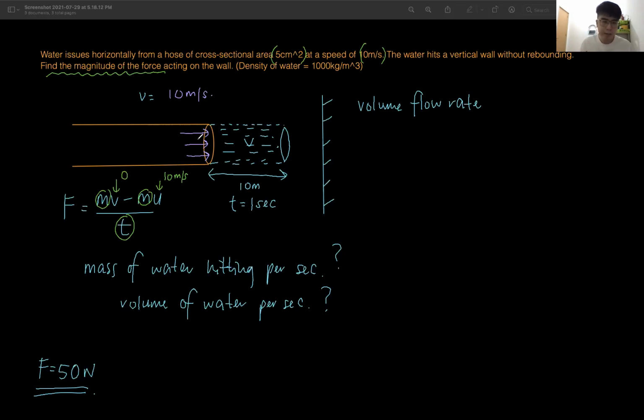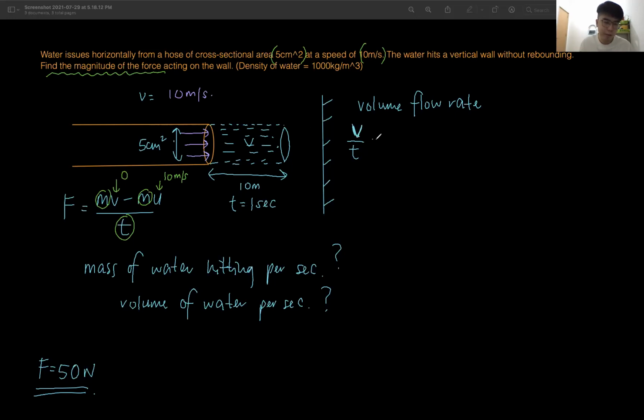To calculate that, you need the area. You already have the area, 5 cm squared. This is like a cylinder, right? So 5 cm squared times the length, 10 meters. So we do V over T, that's the volume flow rate.